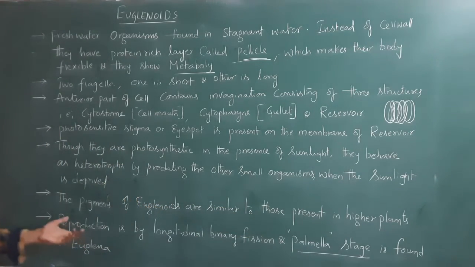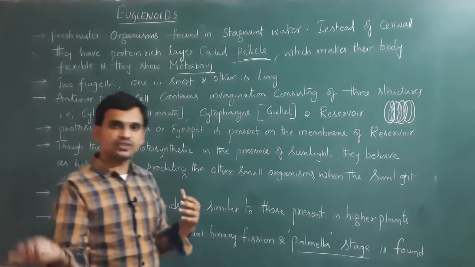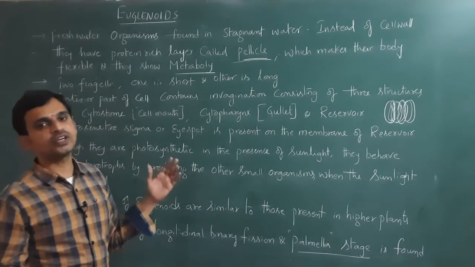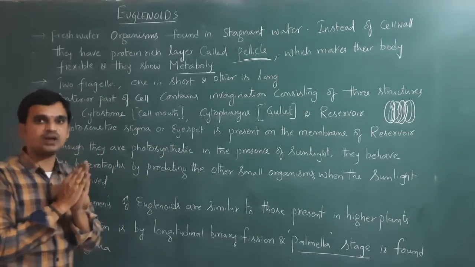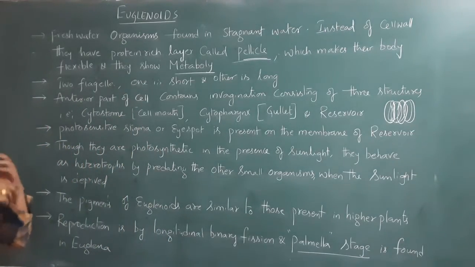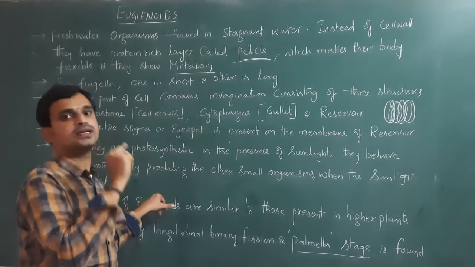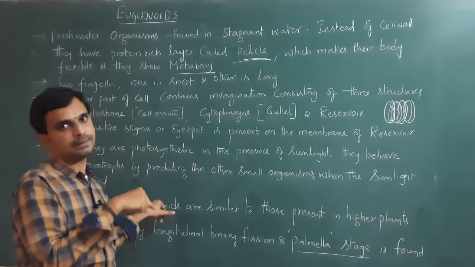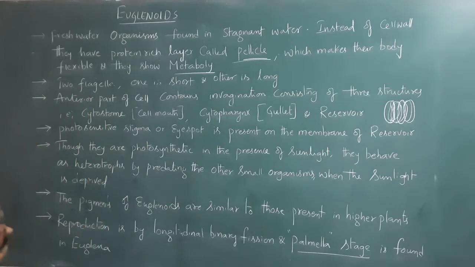So, what is the palmella stage? During unfavorable conditions, the euglenoids throw off their flagella, and a number of euglenoids join together to form the gelatinous mass. Each euglenoid in the gelatinous mass forms a double layer cyst and undergoes binary fission.